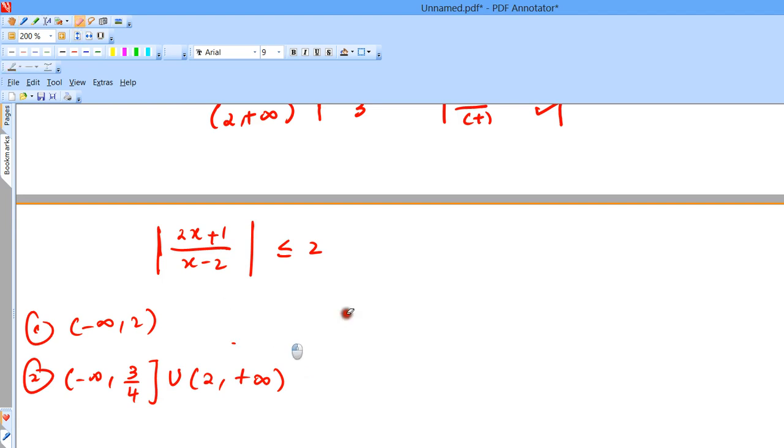How do we find the solution based on these two intervals?